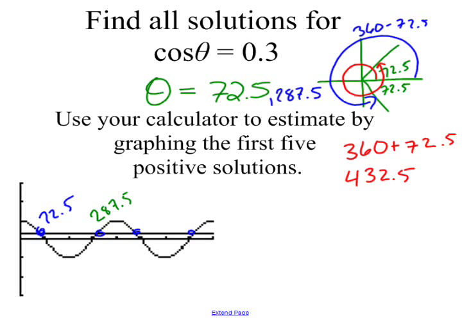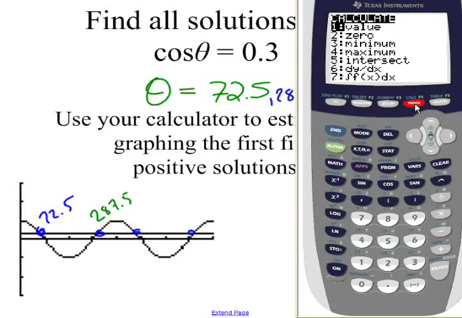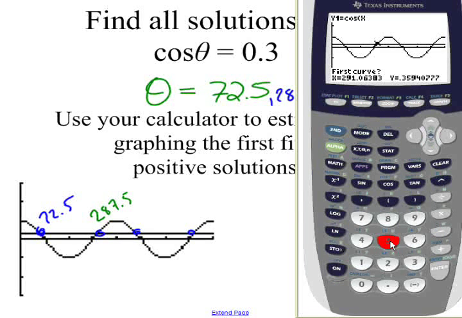And if I go find this other intersection point on my calculator, second, calc, intersect, on my first curve I hit enter, my second curve I hit enter. Now I'm going to guess, so I don't have to keep hitting the arrow. I'm guessing my answer is somewhere around 430, so I'm going to put 430 in there. And look, I get 432.5.